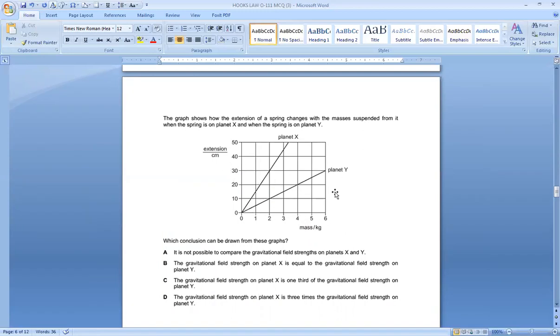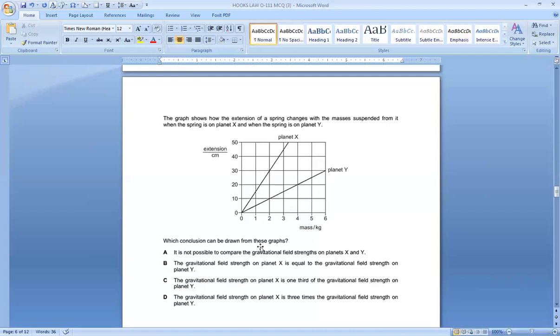Extension is 30 for a 6 kg mass on planet Y, and on planet X, for a 3 kg mass, the extension is 45. So on planet X, the gravitational field is stronger than Y.